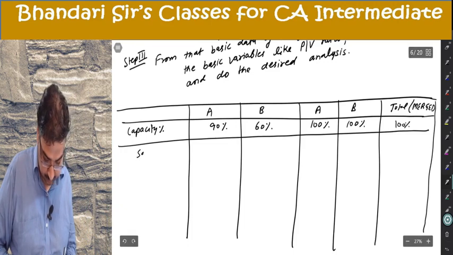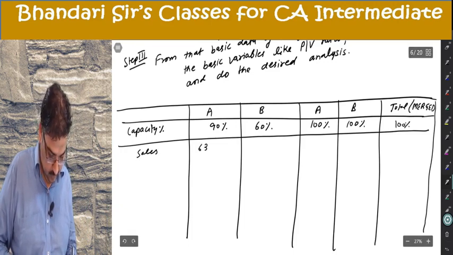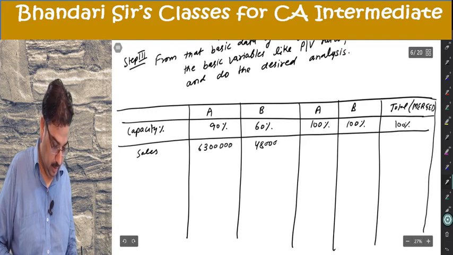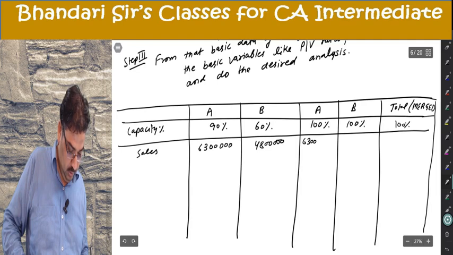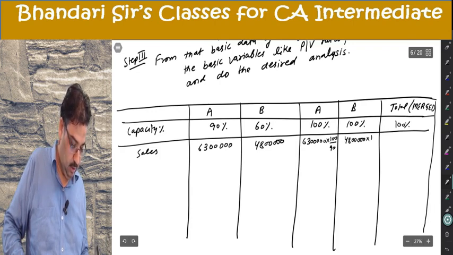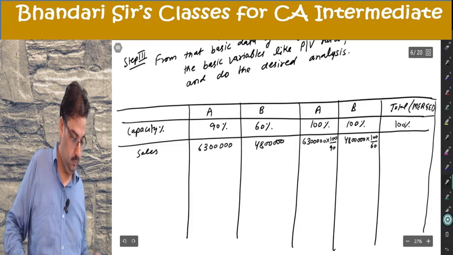Sales 63 lakh, 48 lakh. How much I get there? 63 lakh into 100 by 90. 48 lakh into 100 by 60.